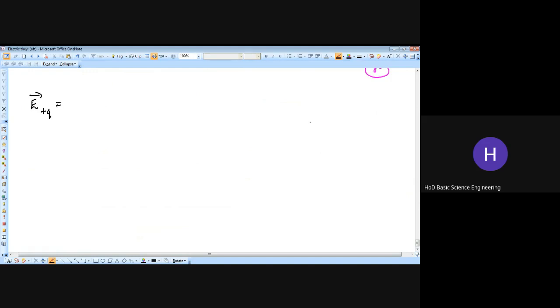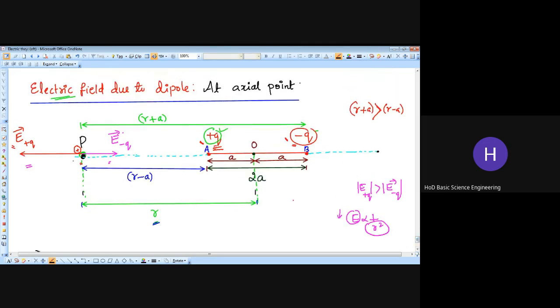You know, for a point charge, electric field is given by 1 by 4 pi epsilon naught Q by R square, where R is the distance of that point from that charge, right? Q is magnitude of charge. Therefore, for E plus Q, for plus Q, what is the charge? It is plus Q, right? Magnitude of charge is Q. Therefore, 1 by 4 pi epsilon naught Q divided by distance square, distance of point P from this charge plus Q. What is that distance?